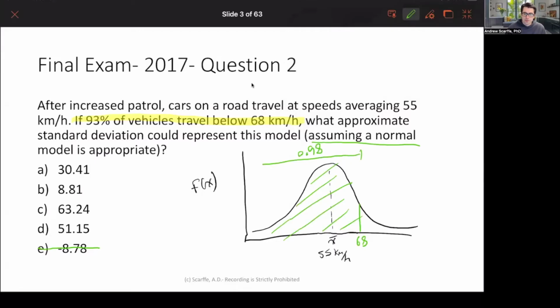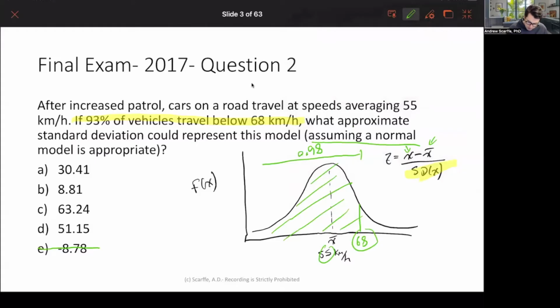Okay, so this gives us some important information, because with our z-score we can go z is equal to the observed value of x minus the expected value of x, divided by our standard deviation of x. Well, in this question, what we don't know is our standard deviation of x, but we do know our observed value of x, which is 68, and our expected value of x, which is 55. We also can derive a z-score.